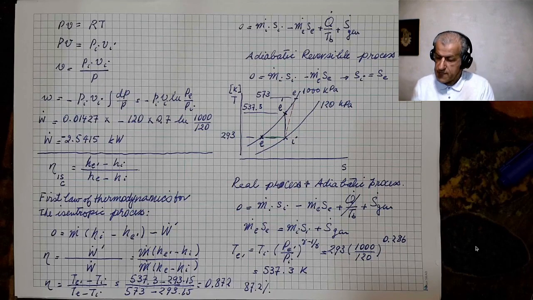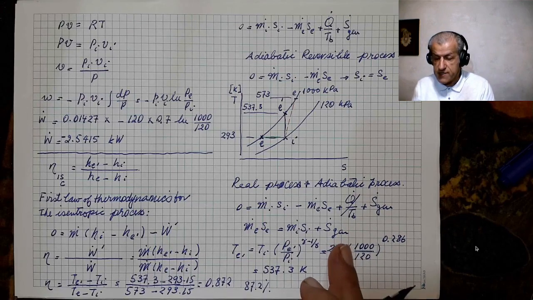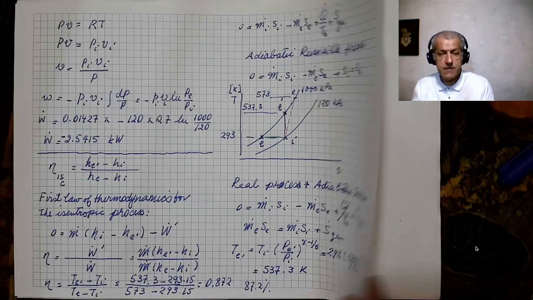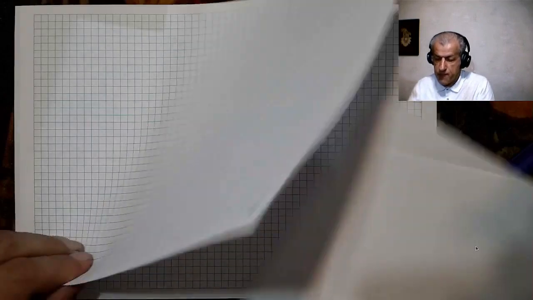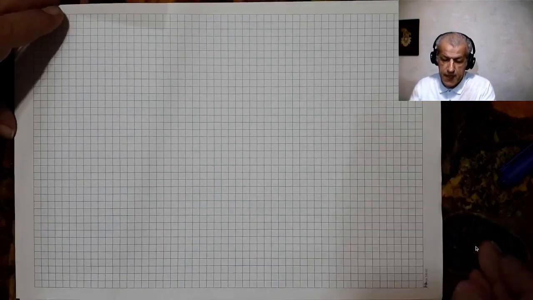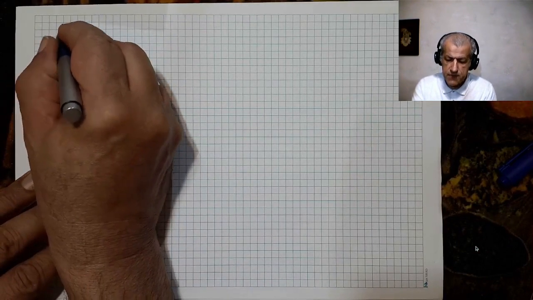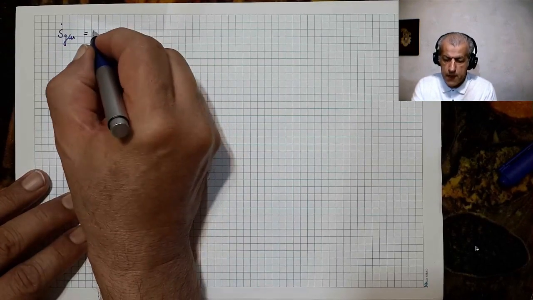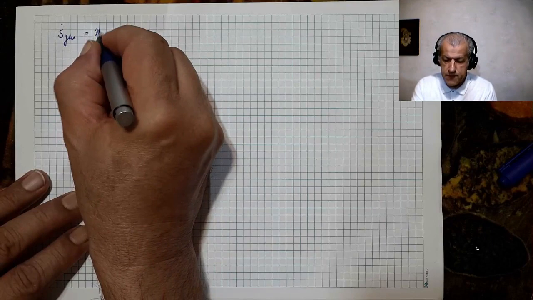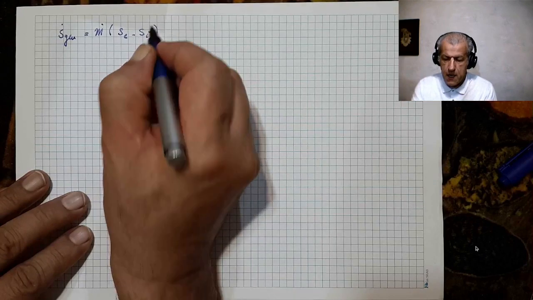So the next step, are we able to calculate the generated entropy for this compressor? And the answer is yes, we are able to calculate the generated entropy, since S dot gen equals m dot times Se minus Si.